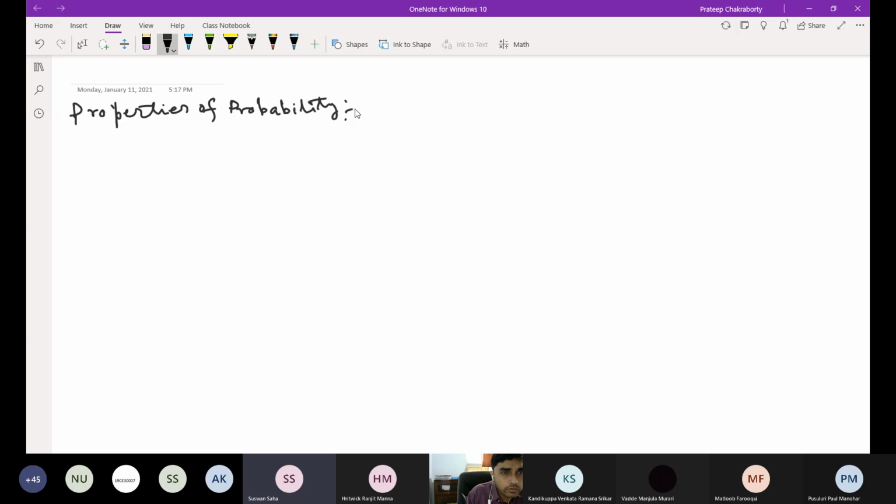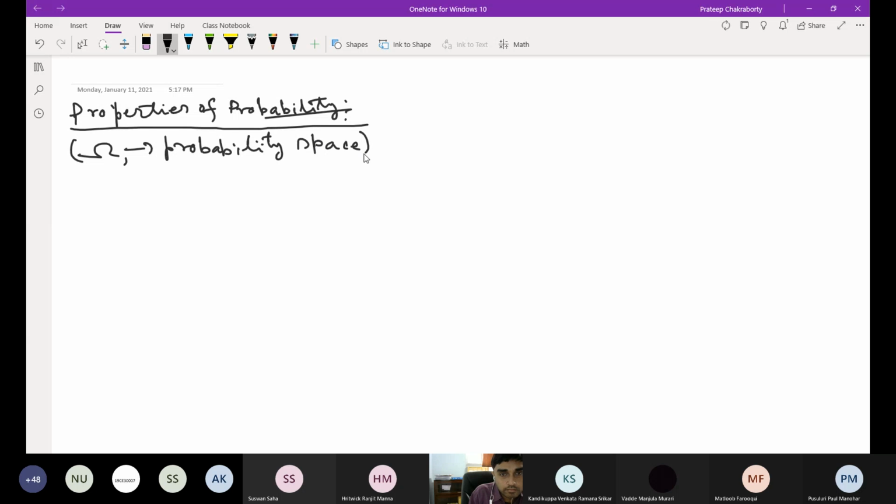That means we are taking, what does it mean? We are taking this thing omega. So this is the probability space. Then there was A. So this is a sigma algebra or sigma field.